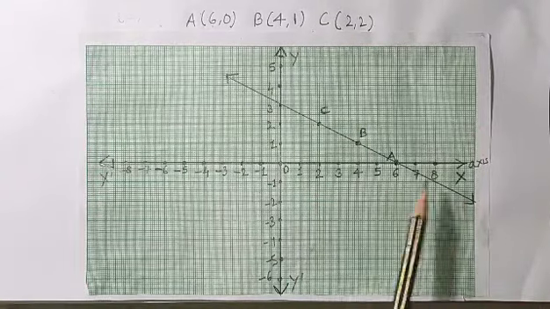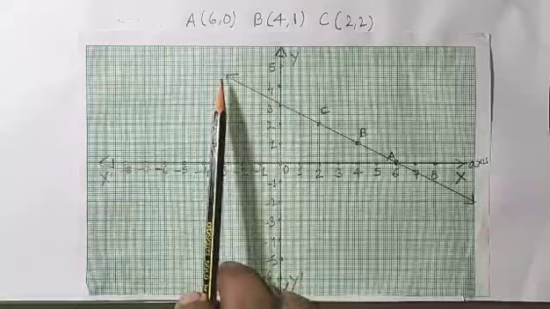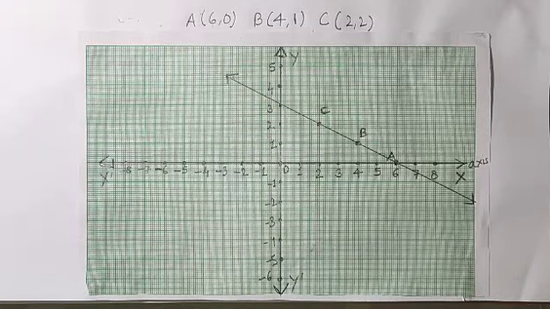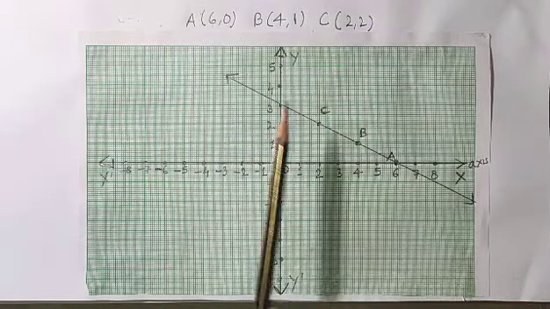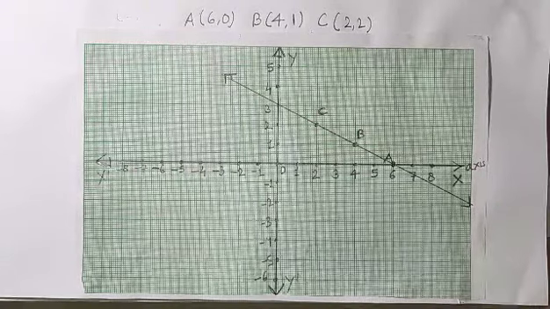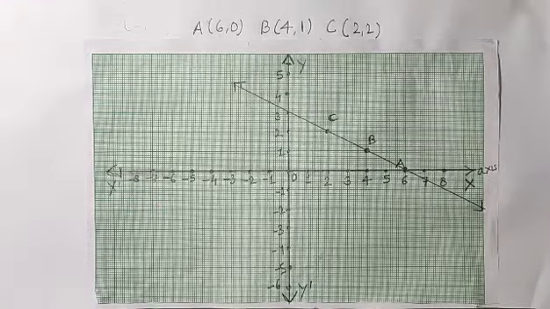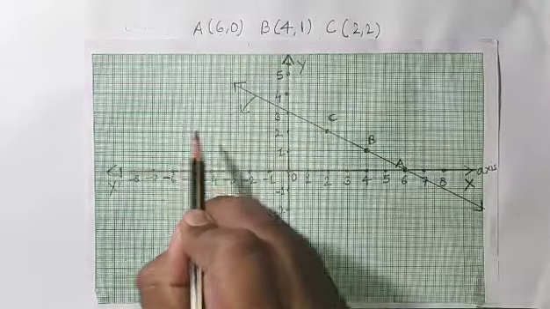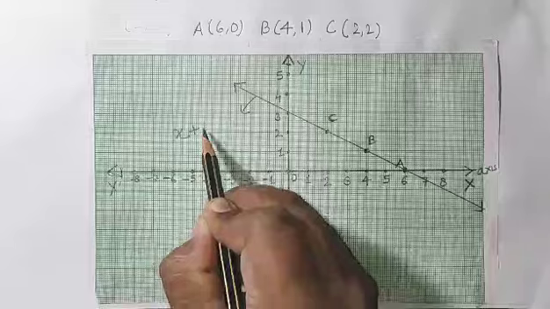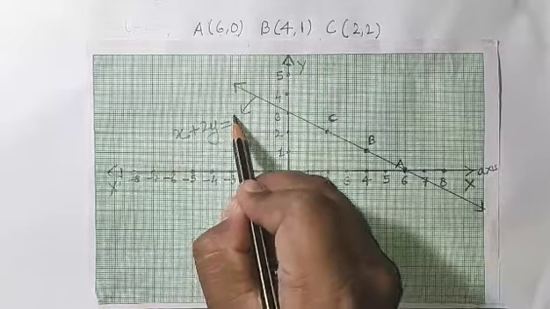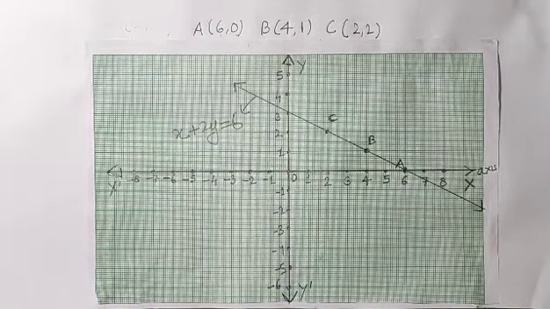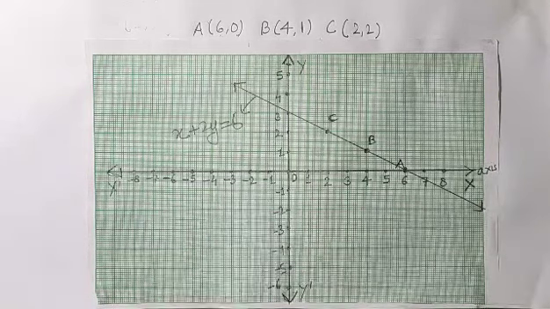After showing those points on the graph, you just have to join all the points so that you will get a line. What does this line show? This line shows the linear equation x plus 2y is equal to 6. Okay students, remember each linear equation in 2 variables shows a line on the graph.